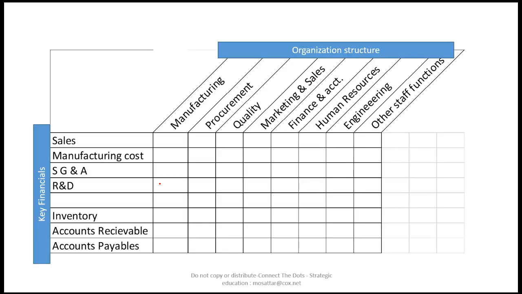This chart, basically what I want to show over here is from a management perspective. Obviously the connectivity is between the organizational structure, somebody running manufacturing, procurement, quality, sales, marketing, finance, accounting, HR, engineering, and so on. And here are some of the key financial metrics that are important: sales, manufacturing costs, SG&A, R&D, and from a key working capital, inventory, accounts receivable, accounts payable.